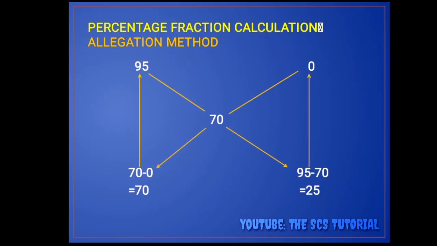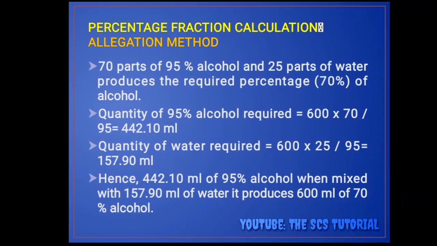If we put this data into our alligation method figure, it will be this. From this we can conclude that 70 parts of 95% alcohol and 25 parts of water are required to produce the required percentage of 70% alcohol.